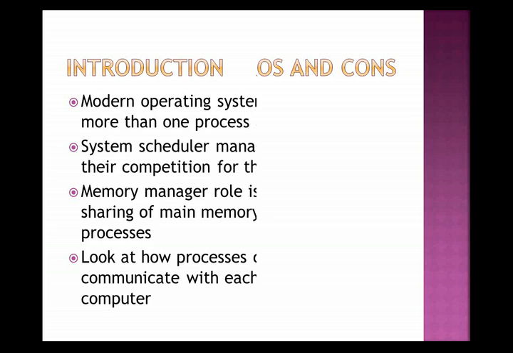This is the introduction, that is, a modern operating system can handle more than one process at a time. That is, the operating system can handle multi-programming or multi-processing at the same time.